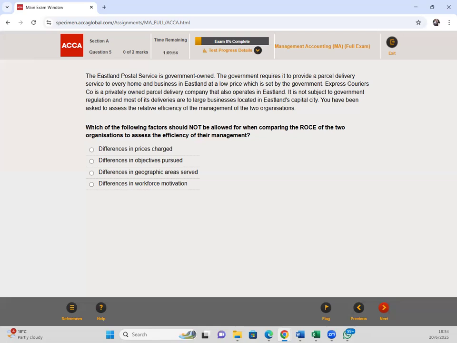So looking at the question, difference in workforce motivation is not a factor we should put into consideration when comparing the performance of these two firms.